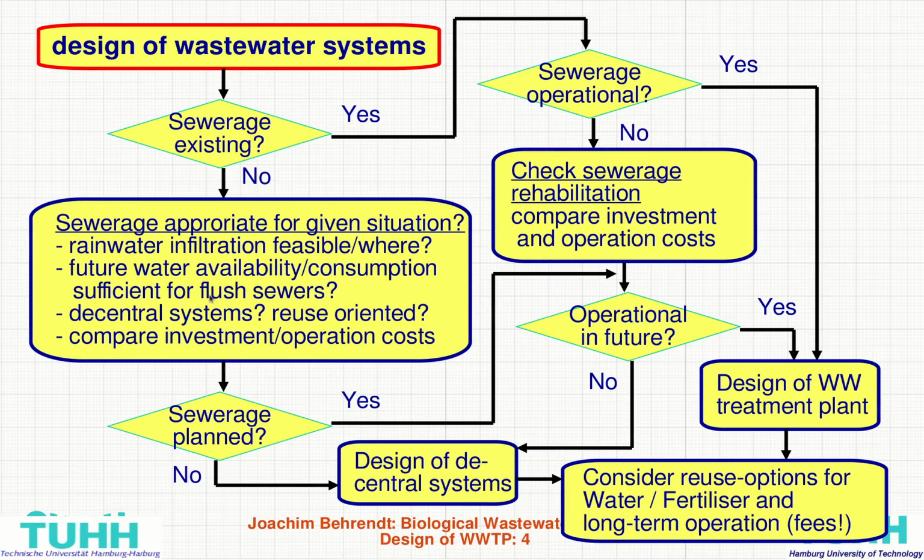For the sewerage system you also have to flush, and you need water. You can think about decentralized systems, you can think about reuse-oriented wastewater treatment, and you can compare costs. If a sewerage system is planned, then you can also go to the design. And if you say no, maybe you can also design decentral systems.